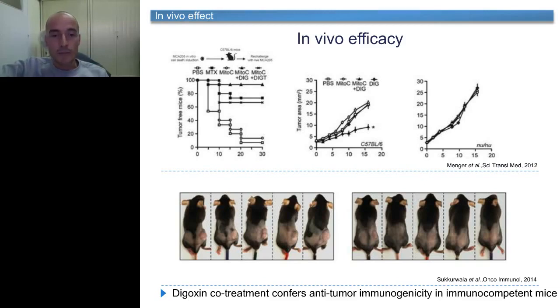Then, when we combined the mitomycin C together with digoxin or together with digitoxin, we saw that up to 80% of the mice were kept from forming tumors, meaning that an immune system mediated effect caused vaccination against the re-challenge with living cells of the same kind.